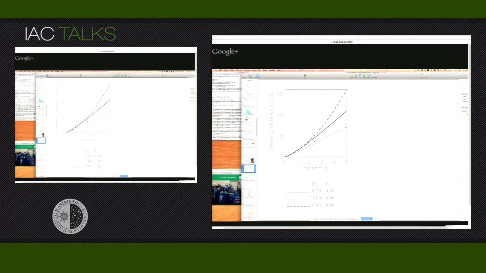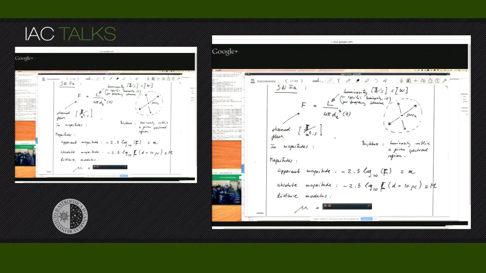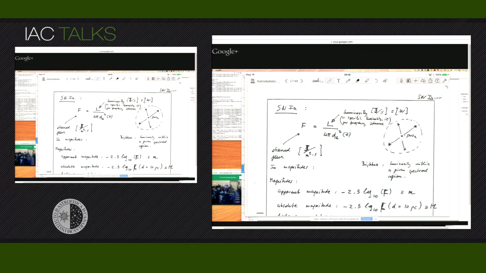Here is the example. So the idea is the following in a nutshell. Here we have our supernova going off and photons all around it with very high luminosity.